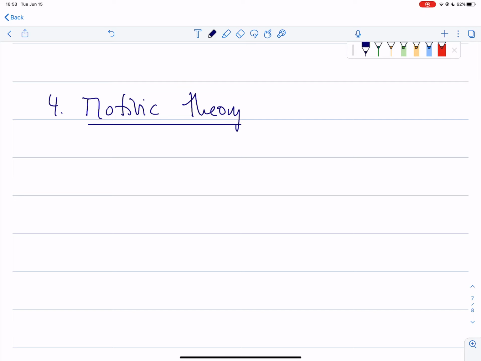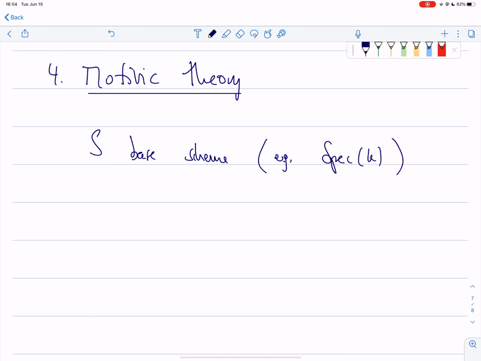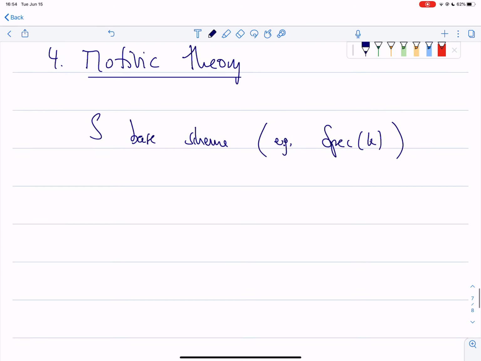There is a topic called motivic theory, where you can do this if S is a base scheme, for example the spectrum of a ground field, which would typically be a perfect field, depending on what you want to do.